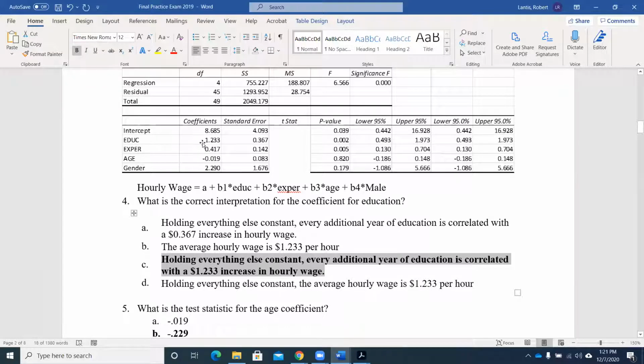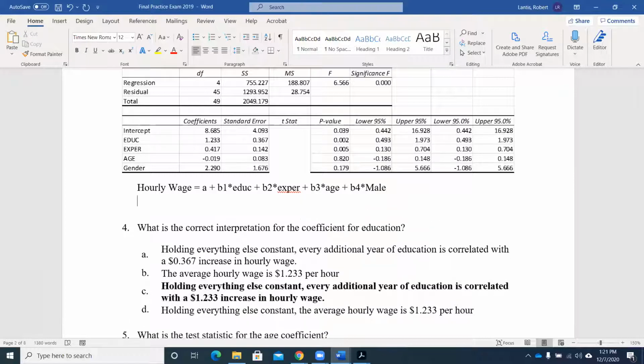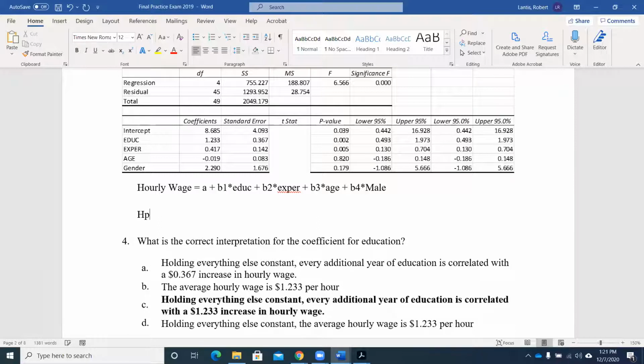Now we can make all these interpretations, but if we look at these p-values, which of the following variables can I reject the null for? Now remember, this null hypothesis is always that the slope coefficient is equal to 0.